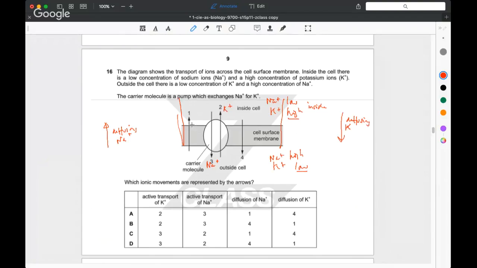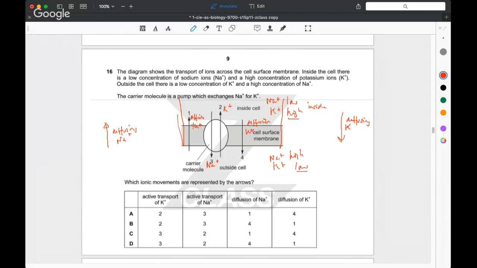And this one here was a diffusion of sodium ions. And this one here was diffusion, excuse my writing, of potassium ions.